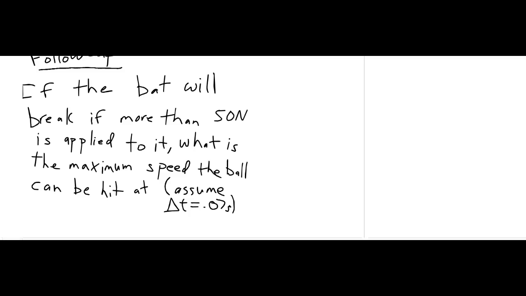So start with my equation. I'm looking for force, so I need F times T. It can be average or a constant, either one is fine. Equals, what information do I have? Well, I have mass and delta V, because I need the velocity. So this is limited to 50 as our force.